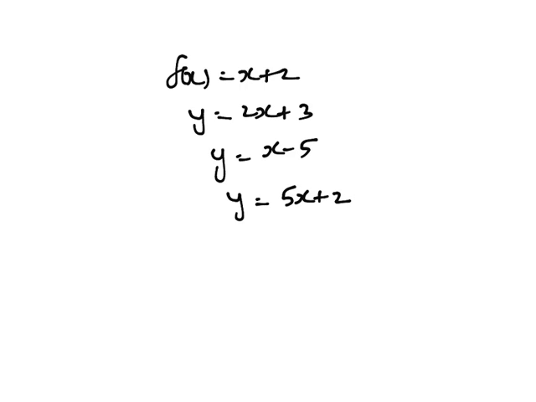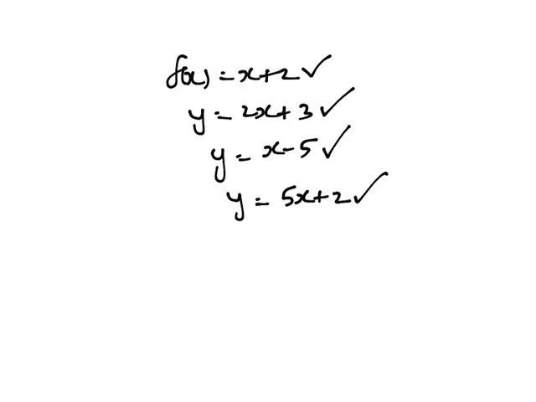When you plot them in the Cartesian plane, you will always get a straight line. You can notice that the slopes are positive: for this line the slope is 1, for this 1, for this 2, again 1, 5.